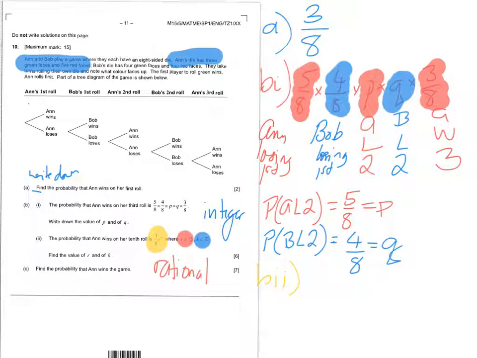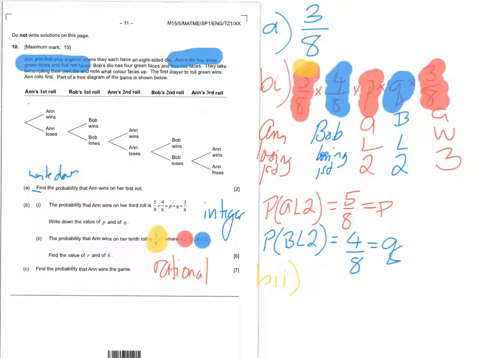Right, the probability that Anne wins on a 10th roll is 3/8 times r to the k, in the yellow there. Let's have a look at what happens each time they roll. If Anne's going to win on her 10th roll, that means every roll that comes before, Anne and Bob must be losing.